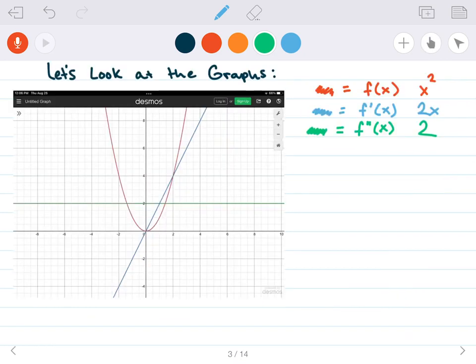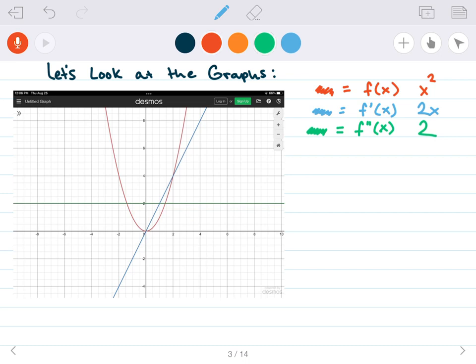So let's go ahead and look at these functions, the graphs of these functions. So last time we talked about the relationship between a function and its derivative with respect to the graphs, and we can see the same relationship between a derivative and a second derivative. They have the same kind of relationship. So remember, when the slope of the tangent line of the function is negative, then let's see.